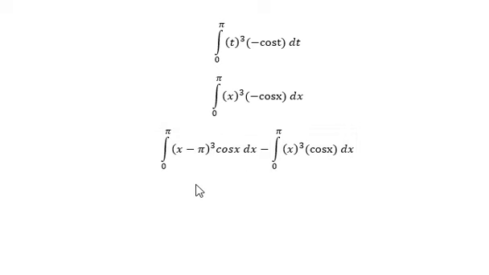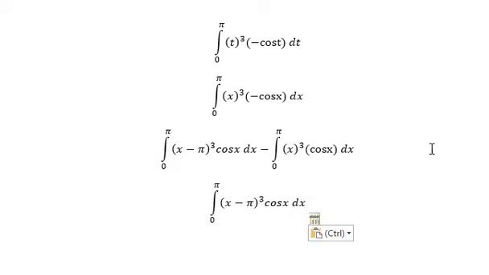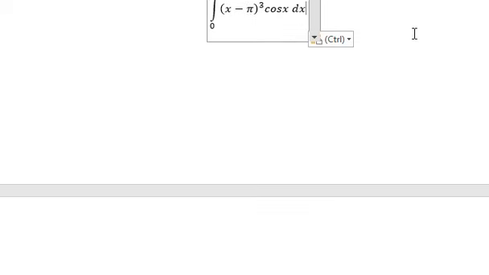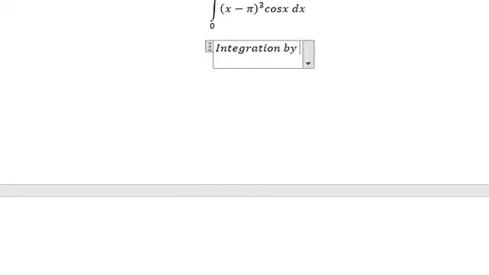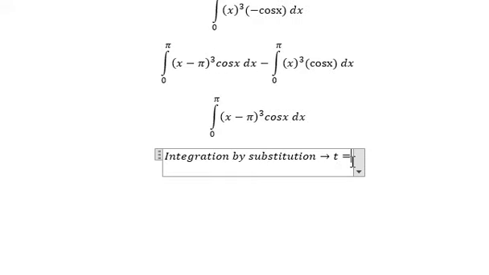Now we go to this one. So we need to use integration by substitution. So we put t equals s minus b.